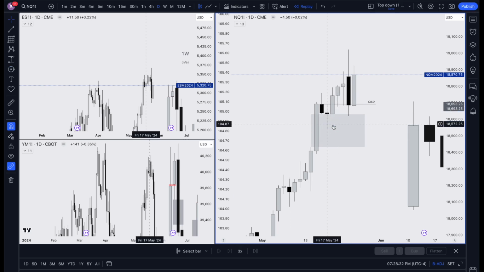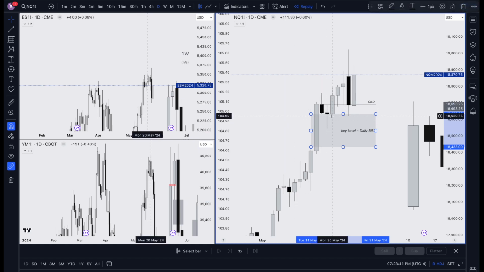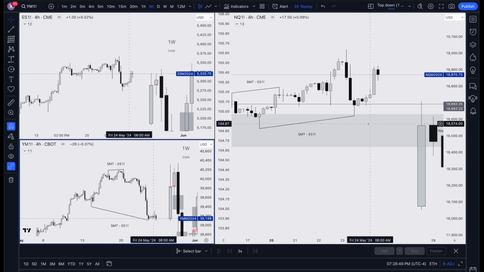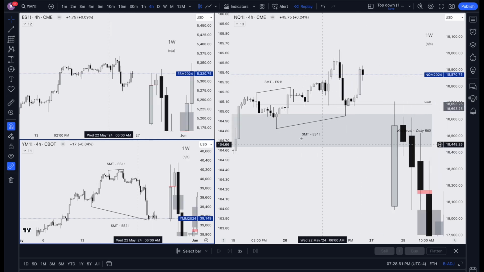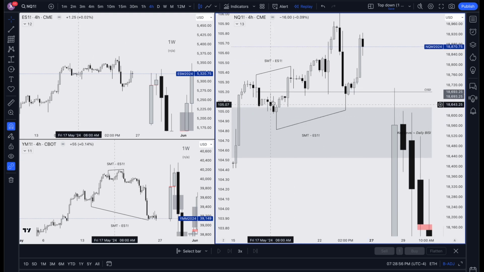So into my key level, which I will now write out, which is going to be my daily BISI, I want to wait and refine these candles to the meaty down close candles. I know that sounds weird, but trust me, it's going to help us in our conversation in a bit. So let's look at where that occurs. On the 4-hour chart, I see these two candles, which look a little bit nicer, with less of a wick.